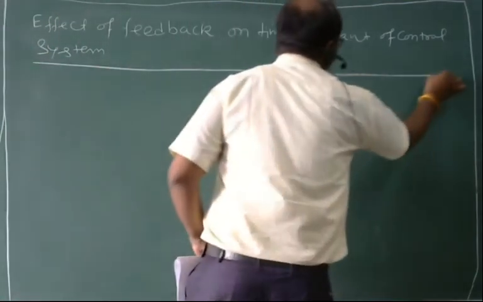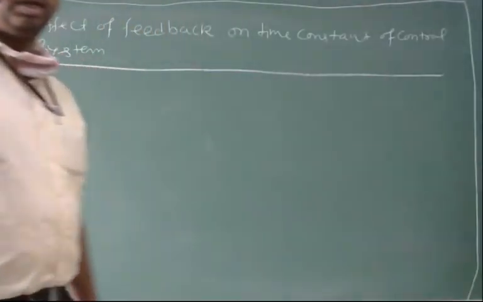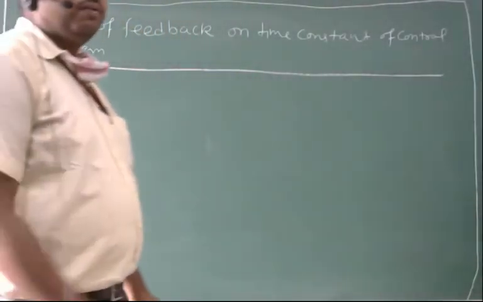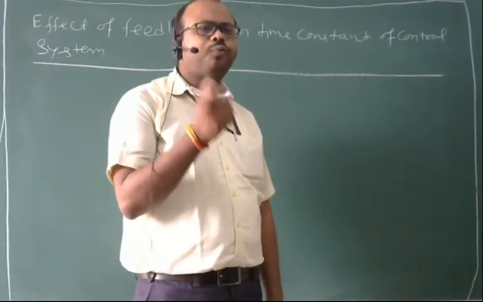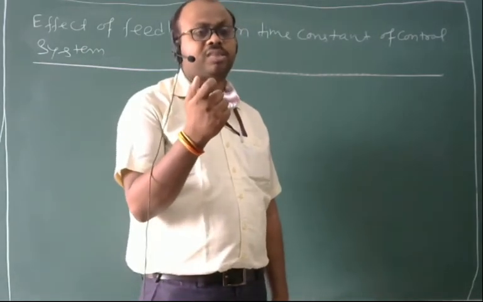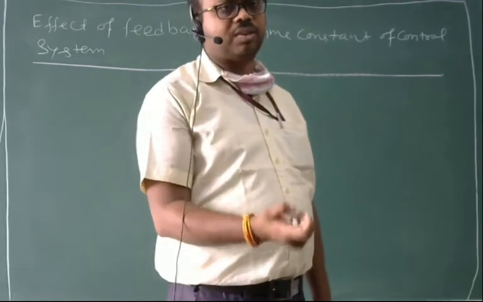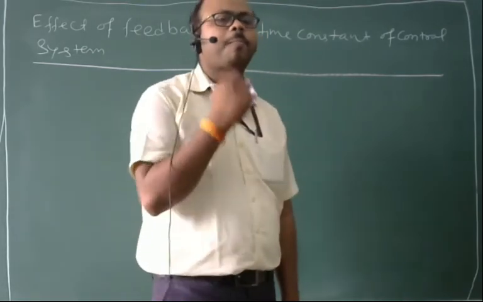So in the first unit, we discussed this topic, the effect of feedback on the system performance, on the stability of the system, and on the time constant of the system.